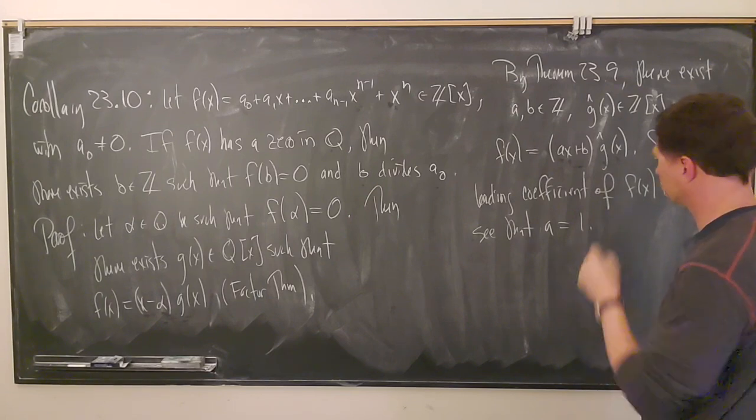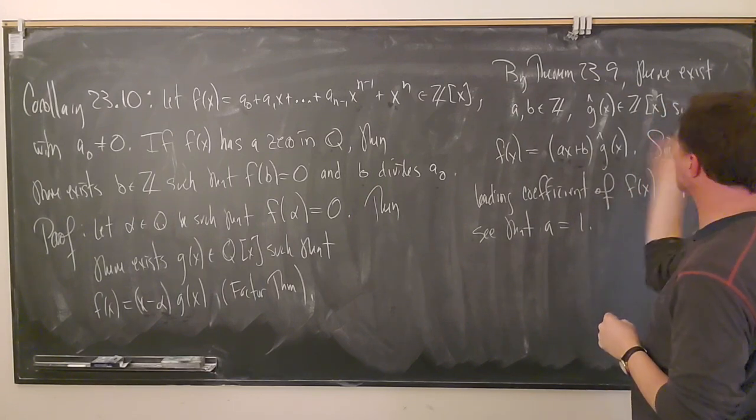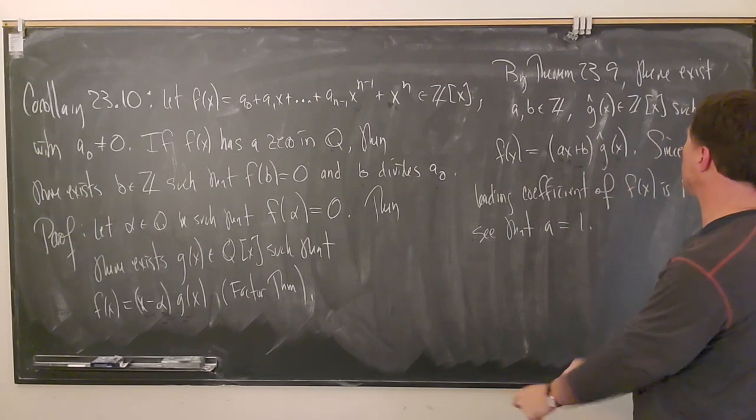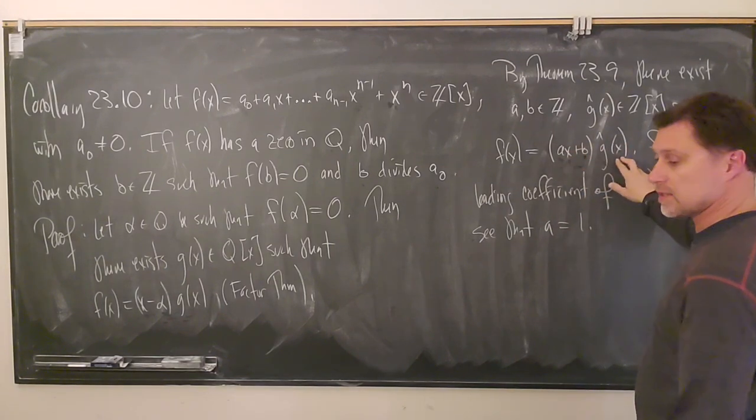Also, when we multiply things out, the constant coefficient is going to be b times the constant coefficient here.